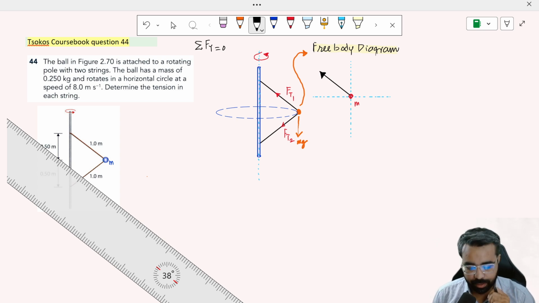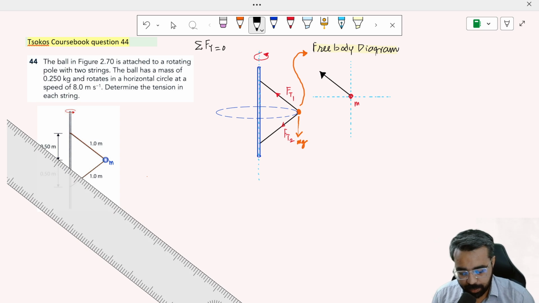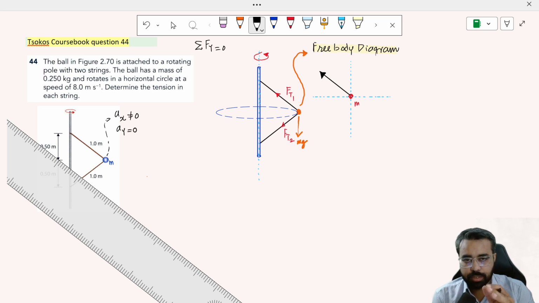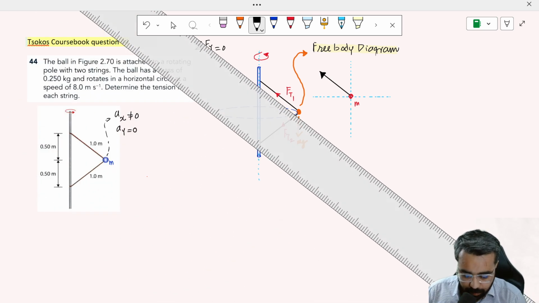And why am I saying that? Because this object is only accelerating along the x-axis, which means that ax is not equal to 0 but ay is equal to 0. The forces along the vertical axis are balancing, but the forces along the x-axis are not balanced with each other. Why? Because you know that it is continuously accelerated towards the center, along the x-axis.